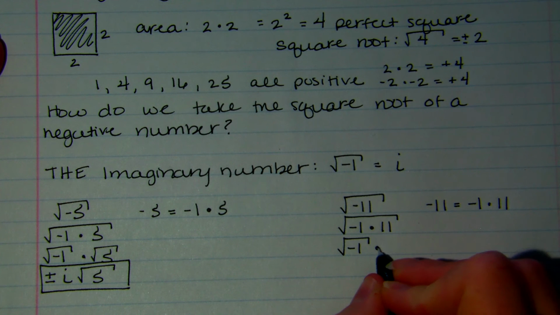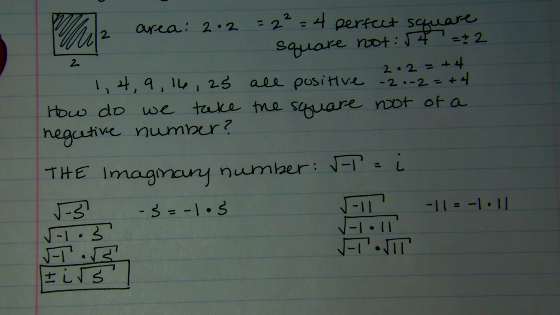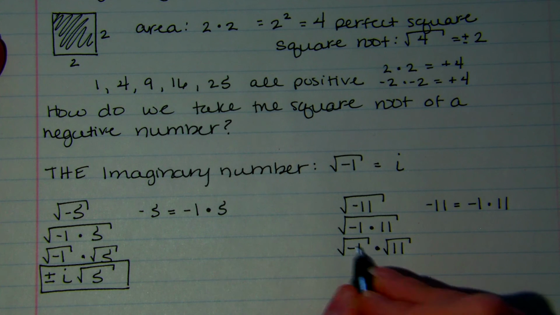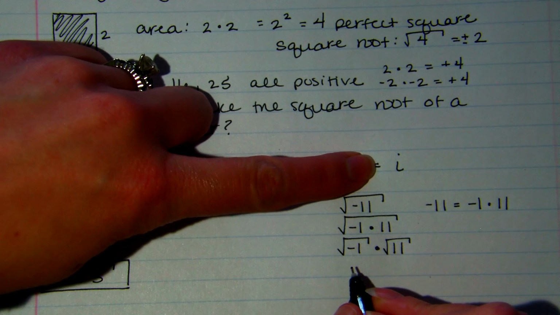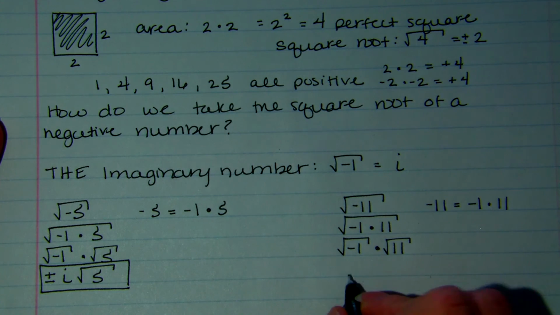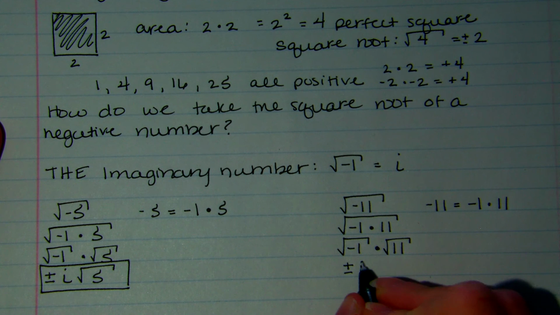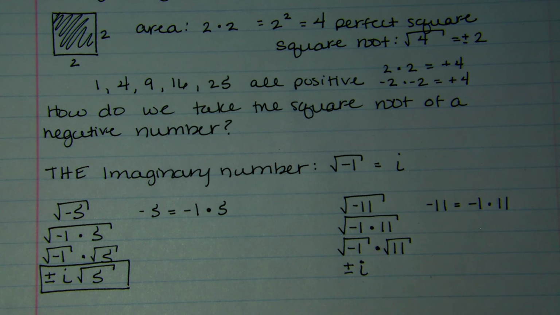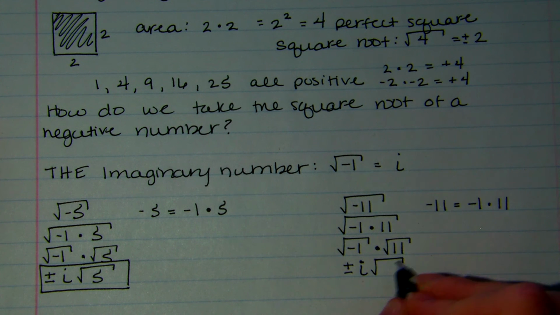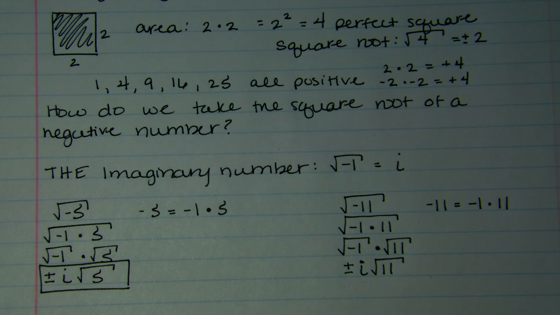So it's the square root of negative 1 times the square root of 11. And the square root of negative 1 is i. So this is plus or minus i. And then we ask ourselves, do we know the square root of 11? And the answer is no. 11 only factors to 1 and 11, and it's not a perfect square. So I'm just going to write it as the square root of 11, like that.